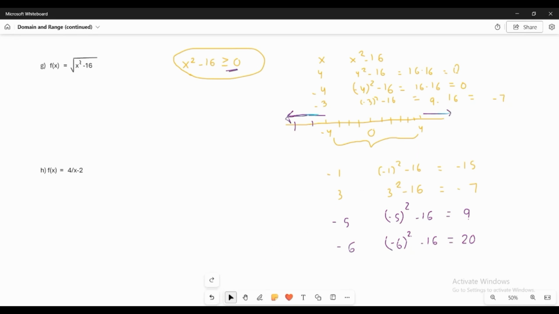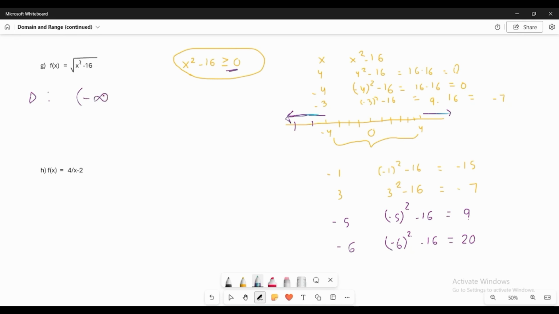That means here what is going to be our domain? Domain, now see how I'm writing this, right? Now what is going to be your domain? It is going to be all the numbers less than or equal to negative 4. So I'm going to write this in interval notation. How can you represent all the numbers less than or equal to negative 4? You can write it like this.